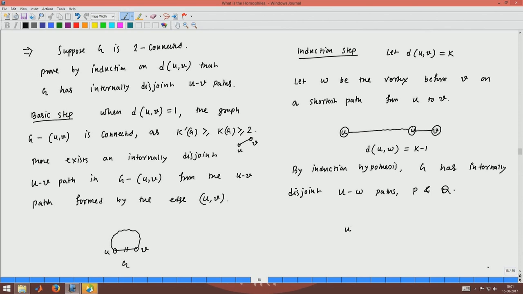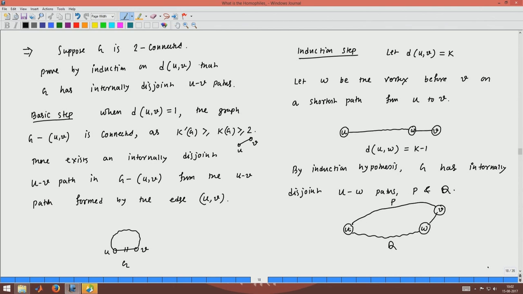So u and w are at distance k minus 1. This is one path, say Q, and the other path between u and w is P, and in this case, P contains v also.